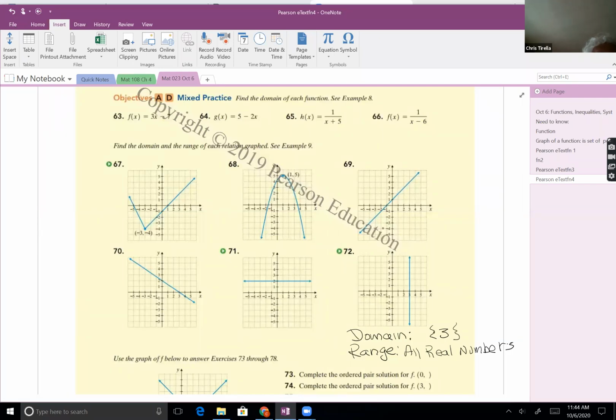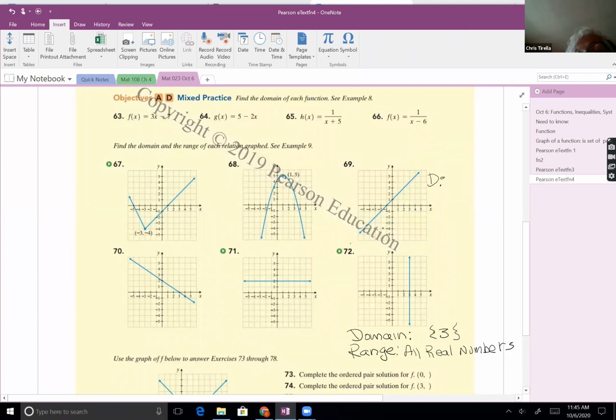If I look at the question above it, question number 69, this one's a slant line. First of all, I want to start looking at the domain. Are you folks all right if I just use D to abbreviate domain? We've got arrowheads on both ends.